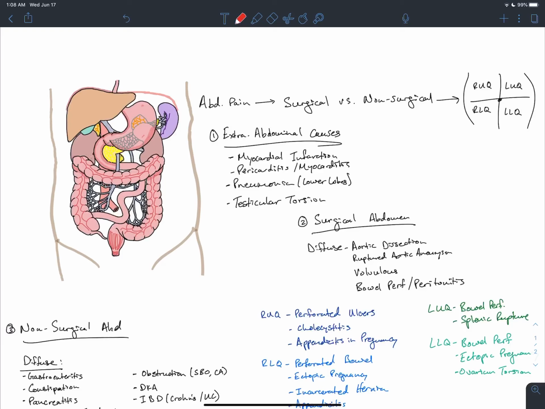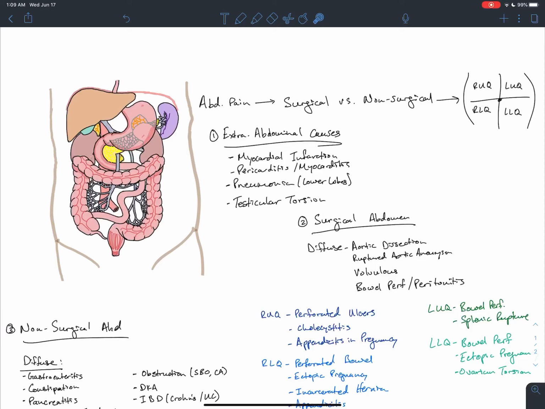So having said that, let's go ahead and talk about how we're going to be breaking up this monster of a lecture. There's two ways I'm going to break up abdominal pain. One is going to be by location, so the right upper quadrant, left upper quadrant, right lower, left lower. The second is going to be surgical versus non-surgical, and that's important to know because surgical causes of abdominal pain are things that can kill you very quickly, and that's why you need to get a surgeon involved to open up the area, take care of what they need to take care of, and close you back up and hopefully save your life.